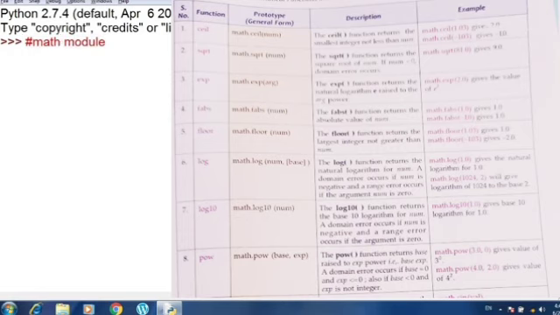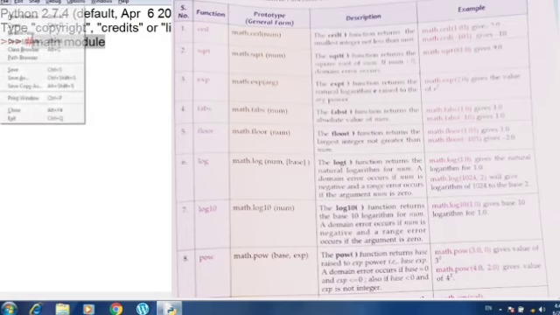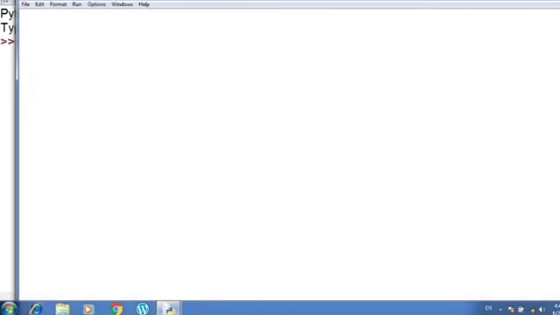Now let me give you an example by showing you a program in which we will be using the math module functions. I'm opening the script mode of Python. Now I will ask the user to enter any number. I am taking the variable num, and this is the input line. Suppose I want to find the square root of the number.